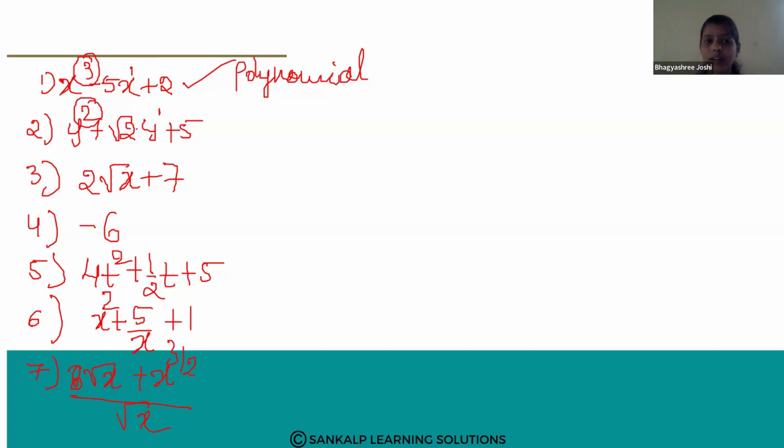So don't observe the coefficient here. You only have to observe the power of the variable, the exponent. The coefficient may be anything. It may be a fraction, a negative number, a decimal, irrational, anything. Therefore we say a, b, c are real numbers. It may be anything, but you have to observe powers. So 2 and 1 are both positive numbers, they come under whole numbers. It is a polynomial.